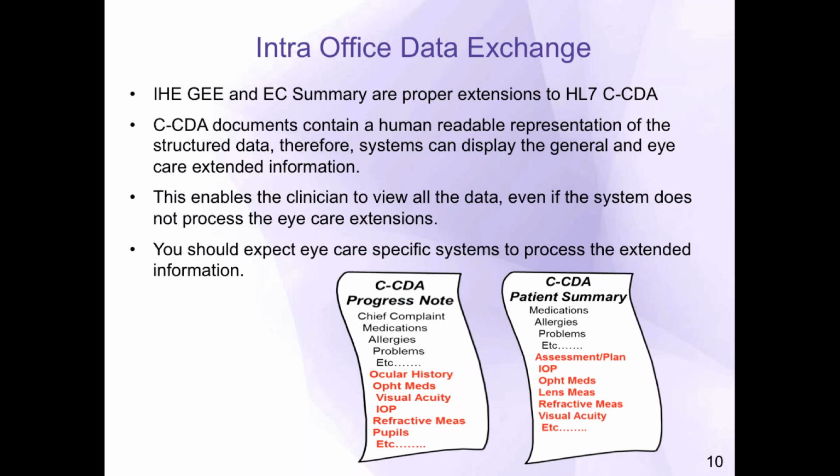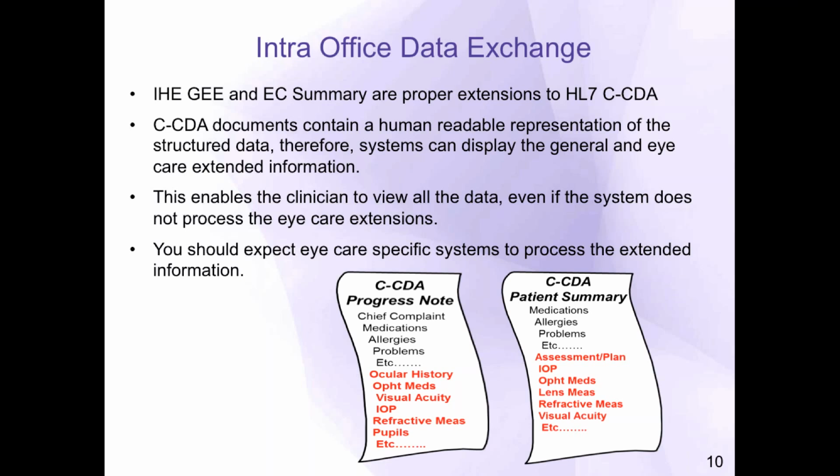As I mentioned earlier, the GEE and the eye care summary are proper extensions to the HL7 CDA. In the figures below, you see it includes the general information that is part of the consolidated CDA specifications, but adds things like ocular history, meds, visual acuity, IOP, refractive measurements, pupils, and more.